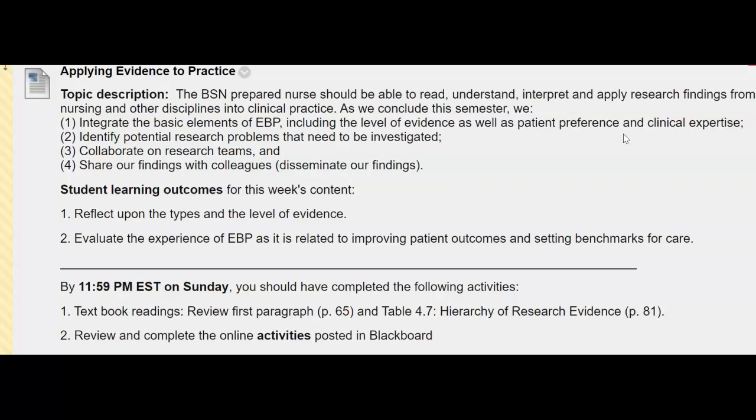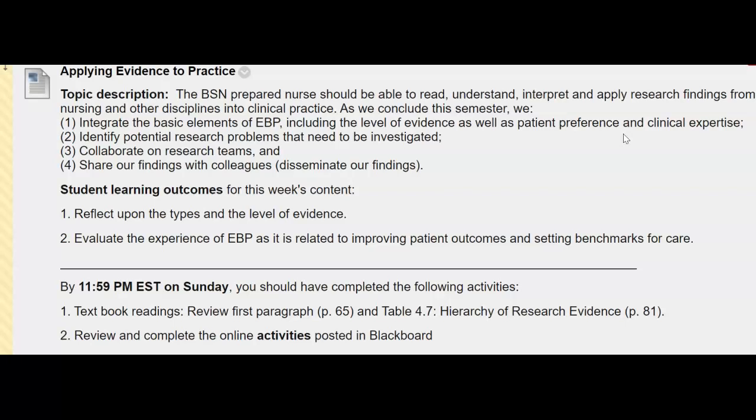Although findings from rigorous research studies are considered the best possible evidence, evidence-based practice draws on other sources of systematically generated evidence, and that includes clinical expertise and patient preferences.